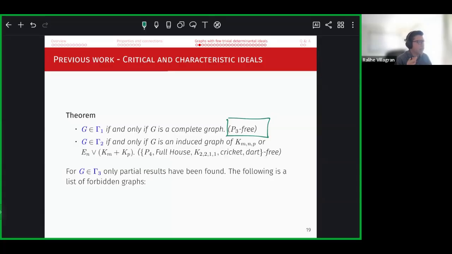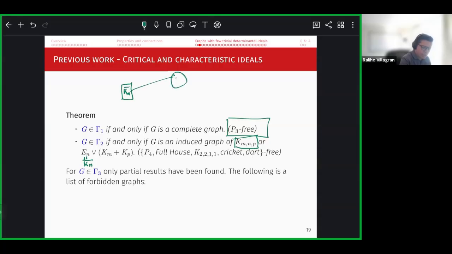On the other hand, a graph has only the first two critical ideals equal to the whole polynomial ring if and only if it's a complete tripartite graph, or it looks like this, where this is the empty graph. So I like to draw this as an independent set.